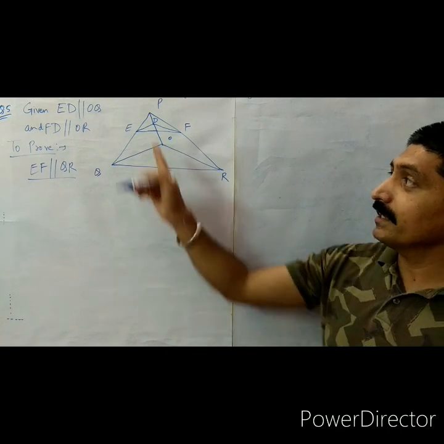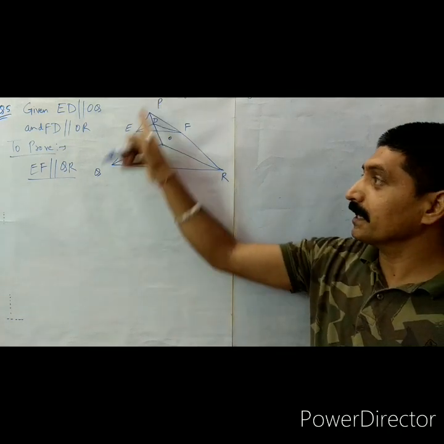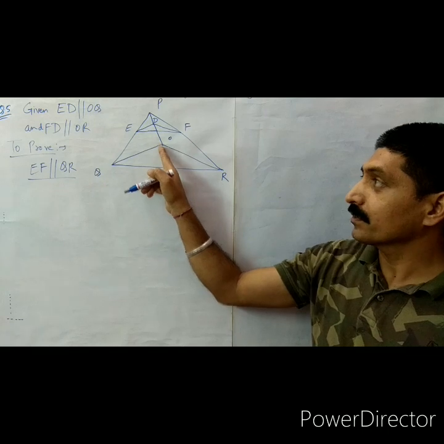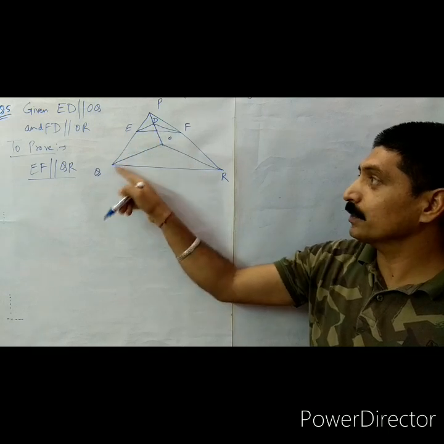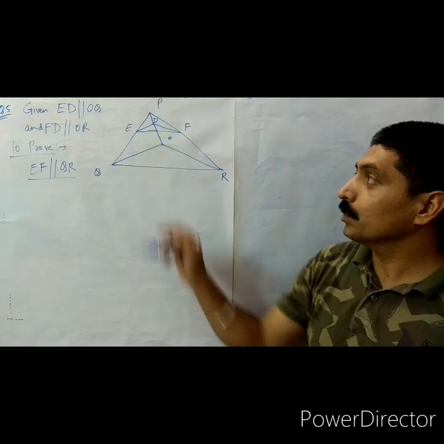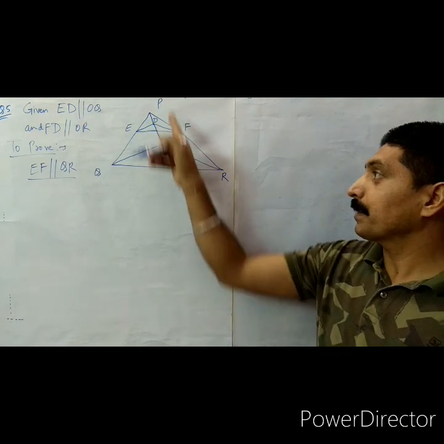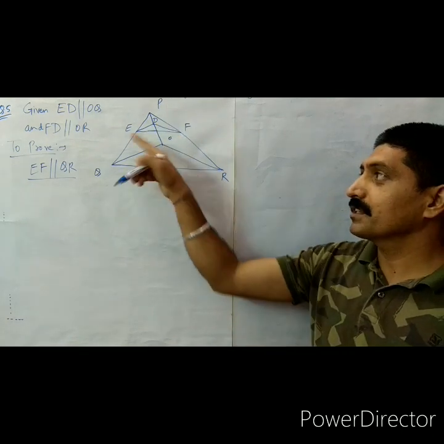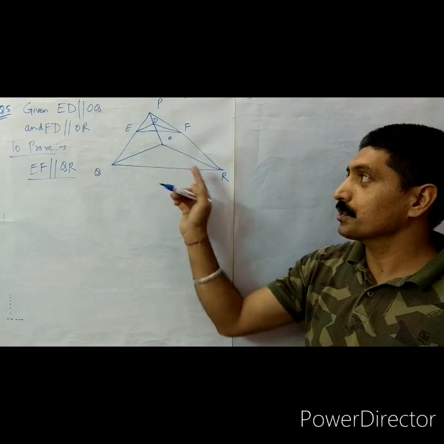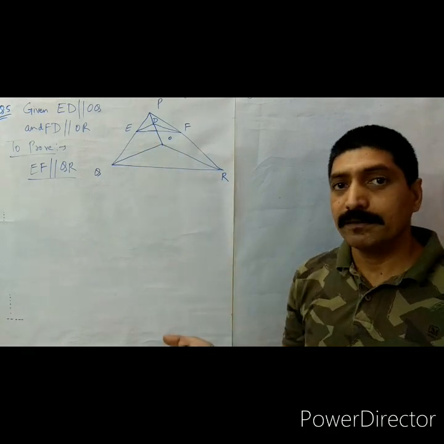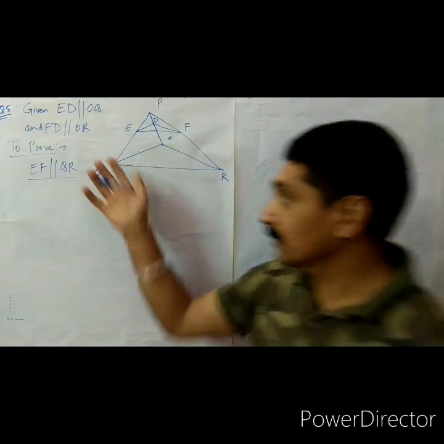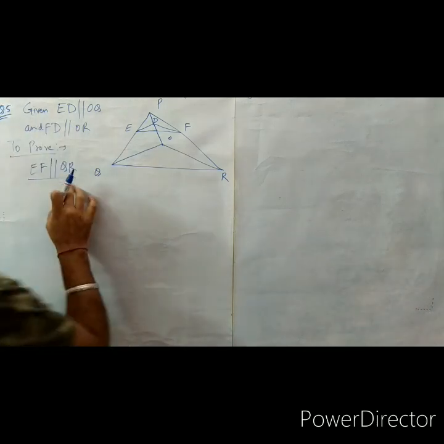So here we will apply BPT in triangle PQO first, where ED is given parallel to OQ, and then in triangle POR, and from these equations 1 and 2, with the help of BPT, we can come to this result.